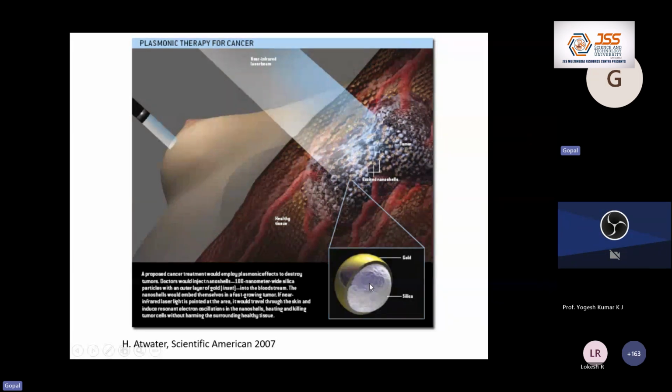These are injected inside the body, and they are taken to the desired location by some optical techniques or other external control techniques. They reach the desired location. From outside you put the light, there will be a plasmonic interaction between these two. This resonance wavelength will destroy the cancer cell. That therapy is being done. I heard. I don't know how successful it is.